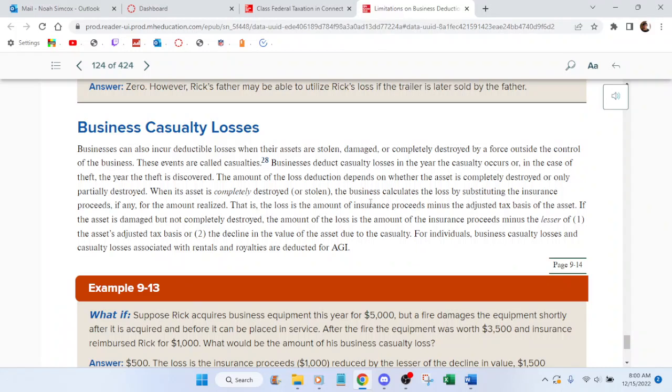So now we've completely finished studying casualty losses.